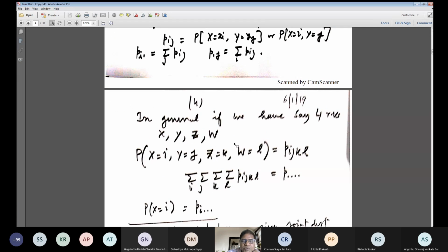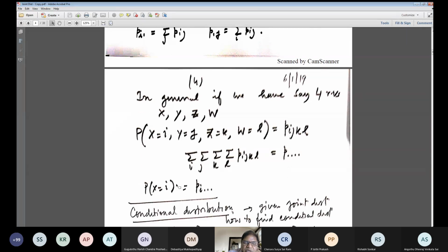In general, if we have four random variables X, Y, Z, W, then the joint probability of X equal to i, Y equal to j, Z equal to k, W equal to l is written as p_ijkl, and summation over all possible values of i, j, k, l is written as p dot dot dot dot.